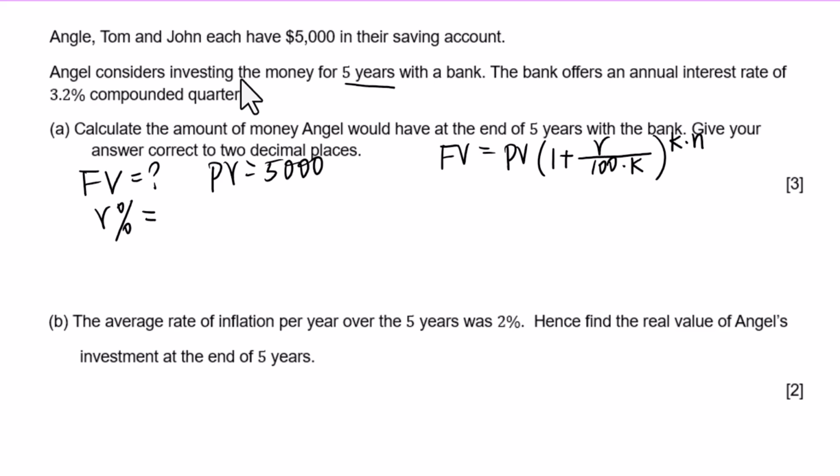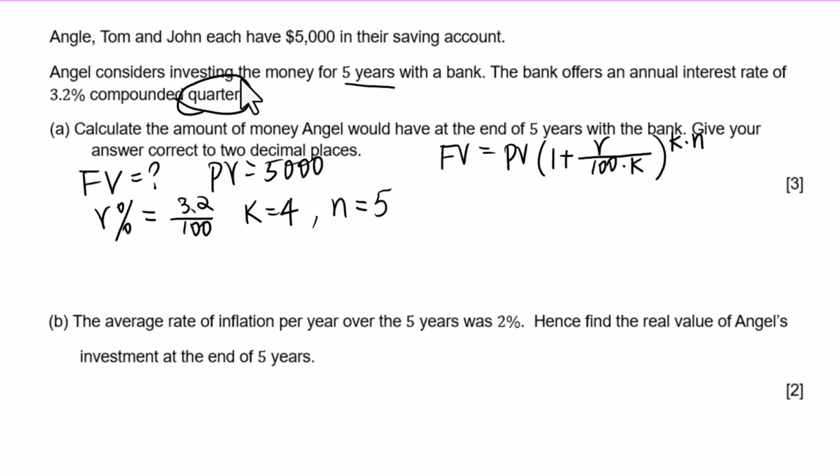Interest rate is 3.2 over 100. Compounded quarterly, K equals 4. In a year, there are 4 quarters. N is the number of years, so N equals 5.